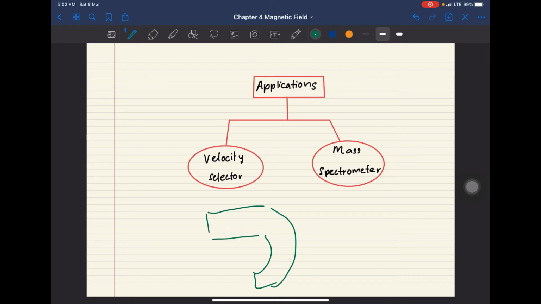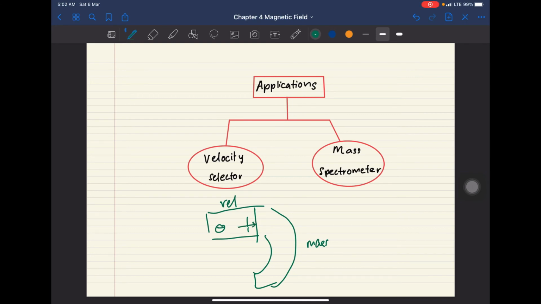Normally this consists of two parts. One is the velocity selector, this part. Another one is the mass spectrometer. So I just label them vel and mass. Inside the velocity selector there is a small slit, and obviously you have a magnetic field that tries to deflect the charge, but only a charge at a specific velocity will pass through the slit.